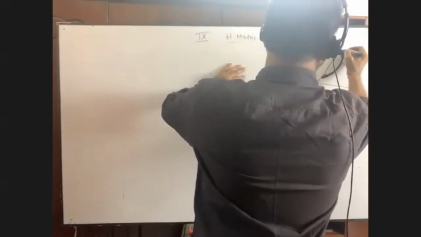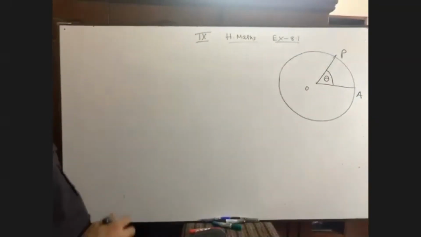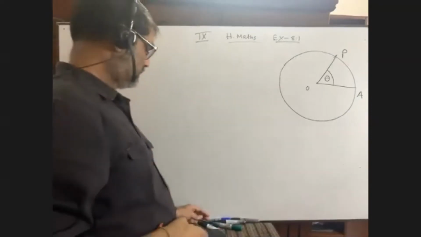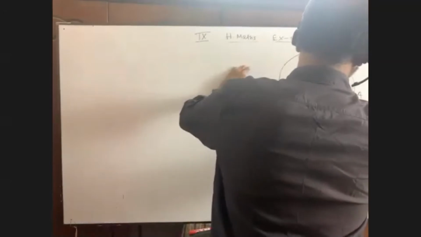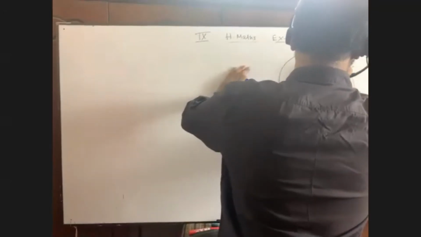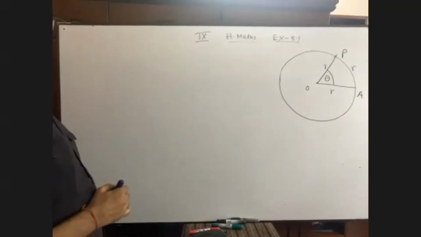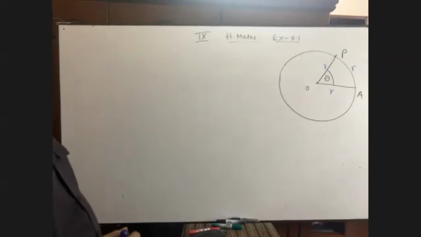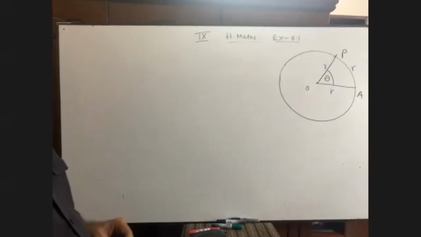It is P. That means we can write here, this is R, this is R, and this is R. I think I've got it right. So we can call angle AOP is 1 radian because radius and the measurement of arc are same.